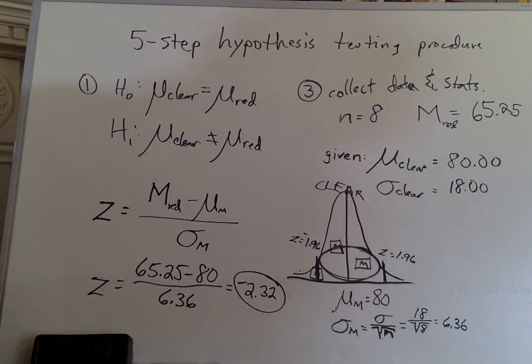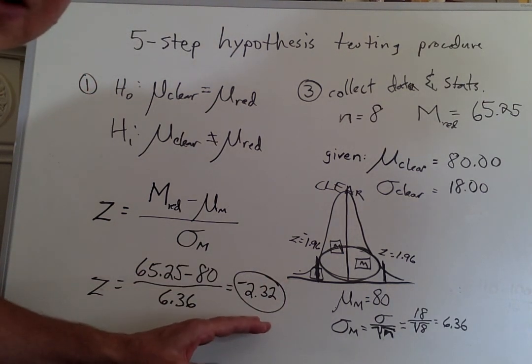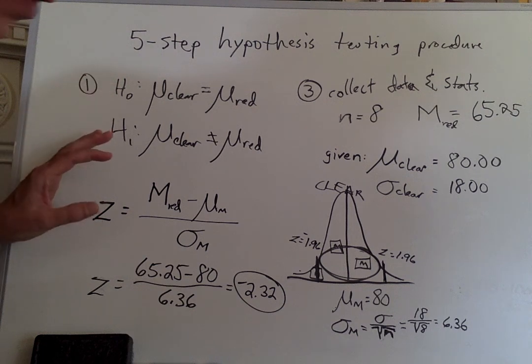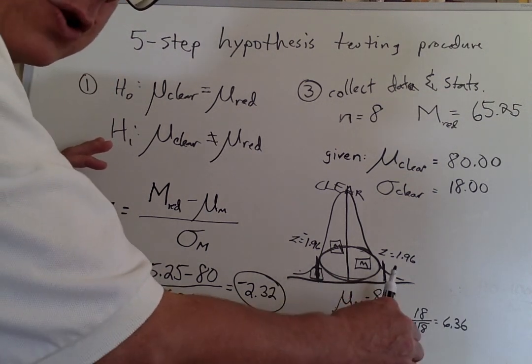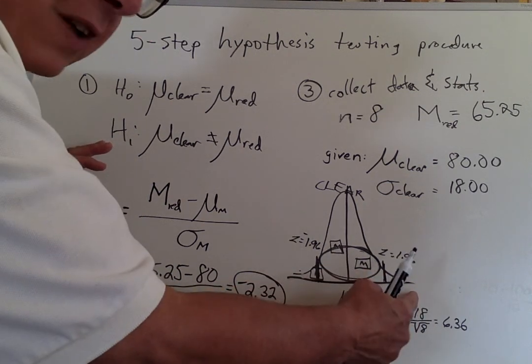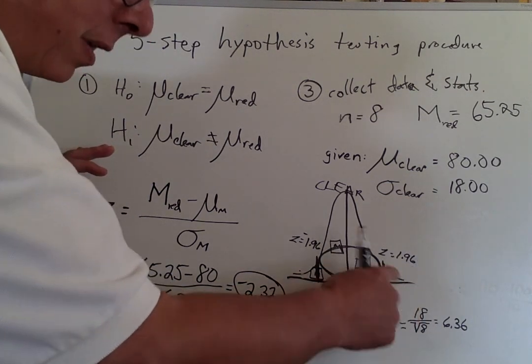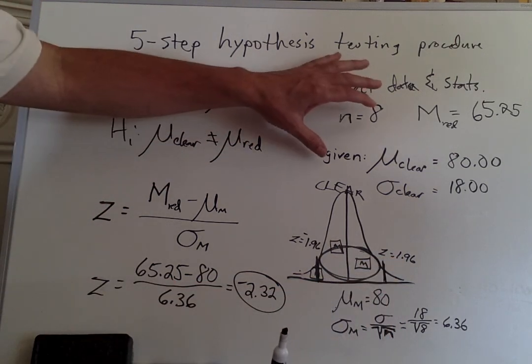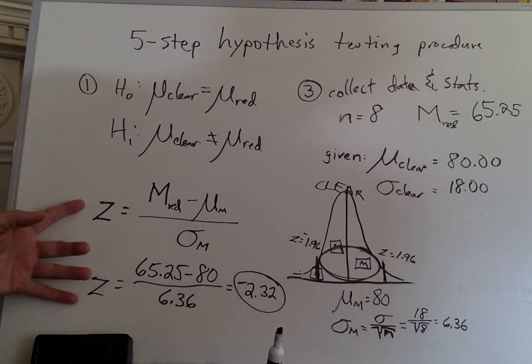So this is what is called our test statistic, okay? Step 1, set up your hypotheses. Step 2, talk about your decision criteria. Alpha level of 0.05, extreme 5%, that's what that is. And that's the corresponding Z. Collect your data, do your statistics.